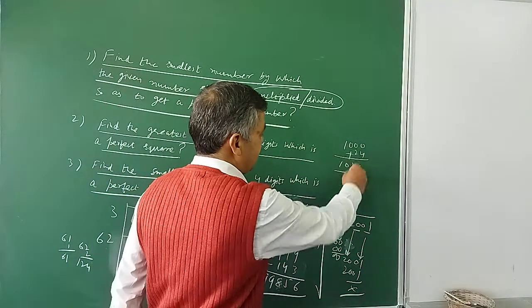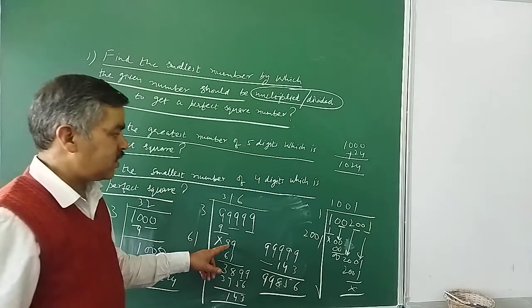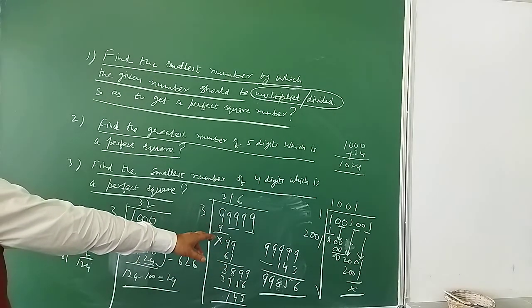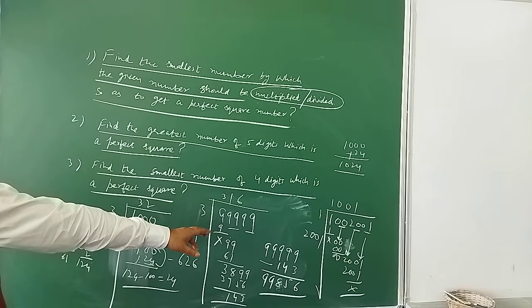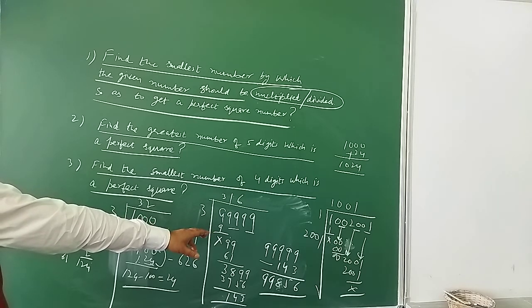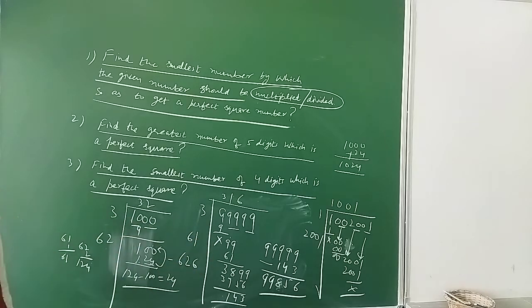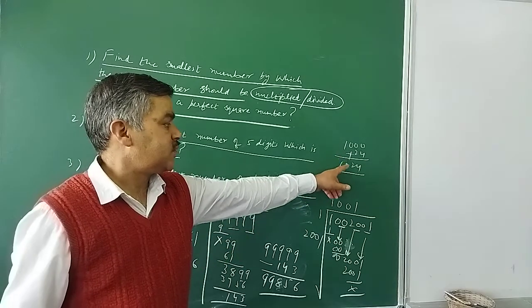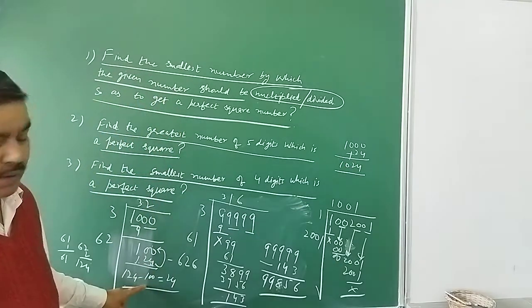And find the greatest number is the other question. Somewhere you will find, find the least number which must be added or which must be subtracted. Question number 14 is which must be added.